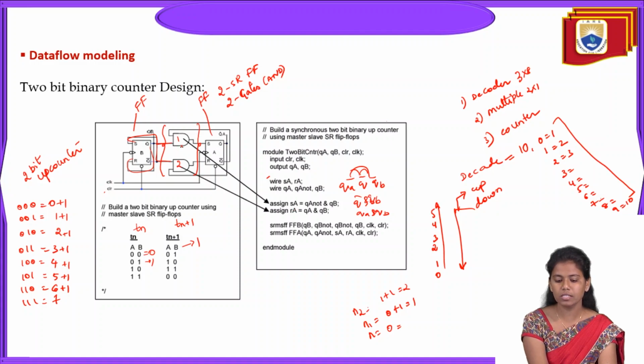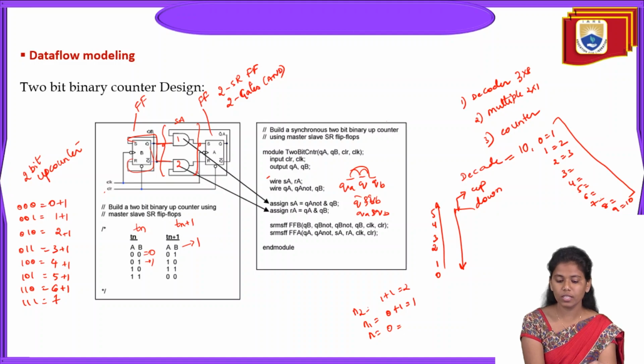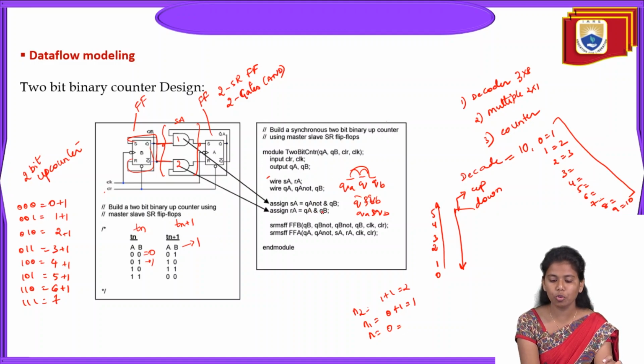SA is meant for AND gate 1, and the output of this AND gate is given as Q naught and QB. Then assign RA. For one more AND gate, I am describing the structure with respect to QA, that is Q naught, QA and QB.